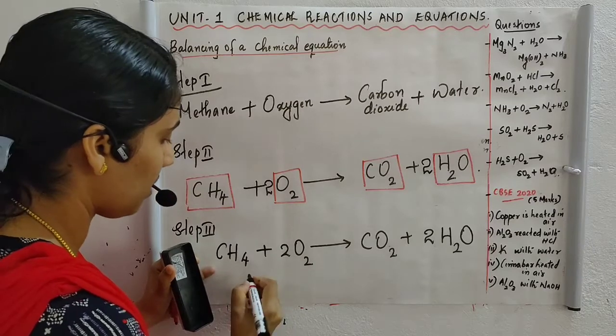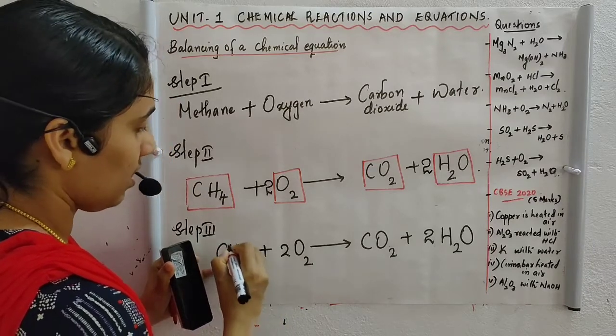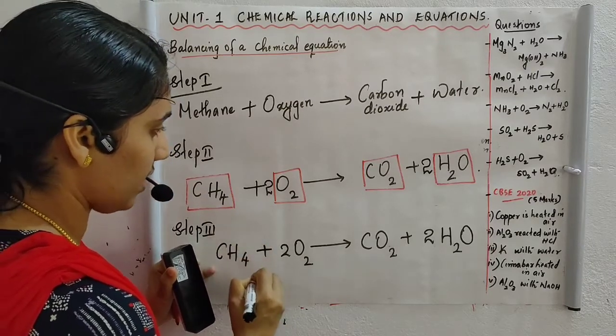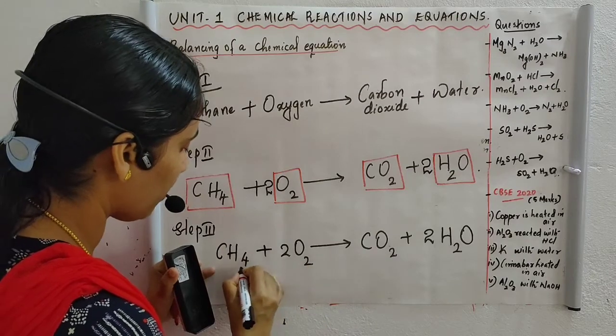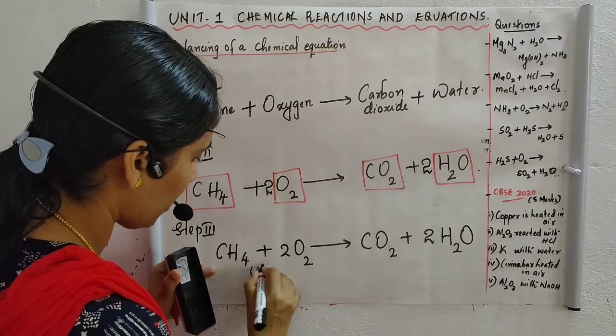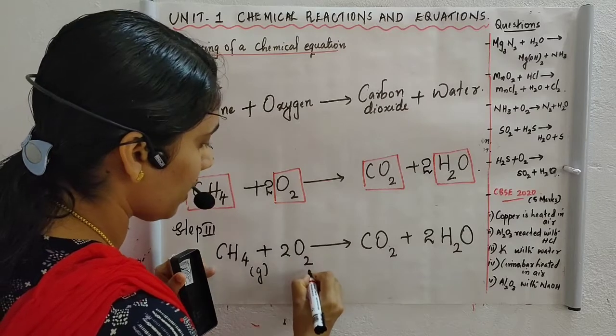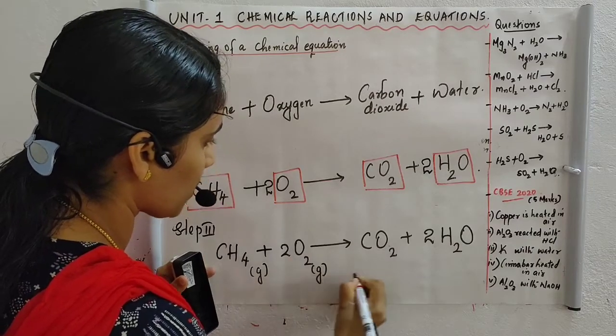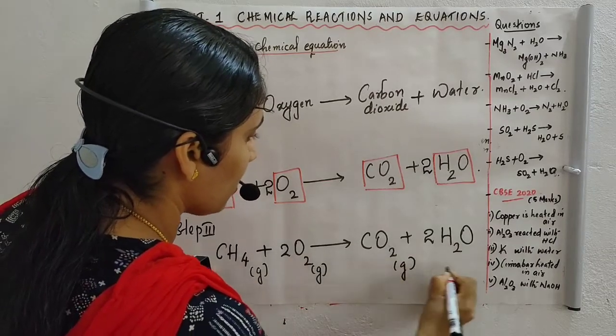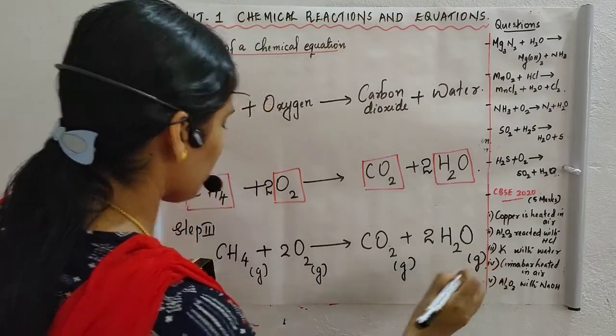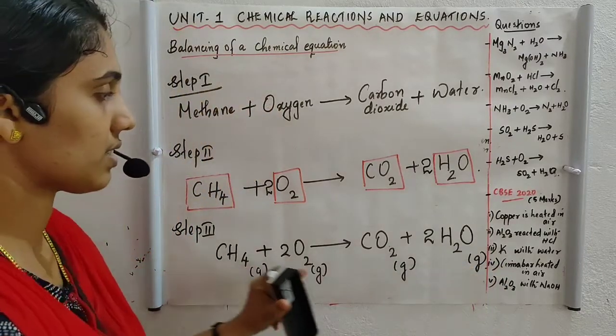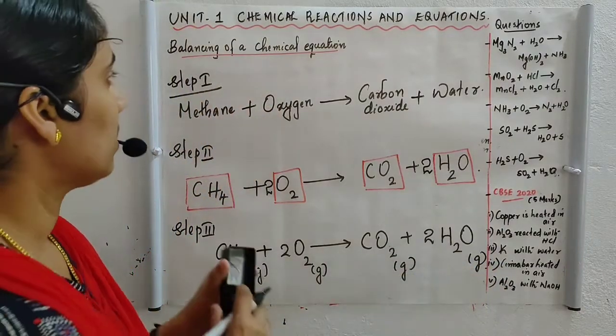After balancing, write the physical states, then the equation becomes more informative. So CH4 gaseous state plus oxygen forms carbon dioxide plus water. So this is the balanced chemical equation.